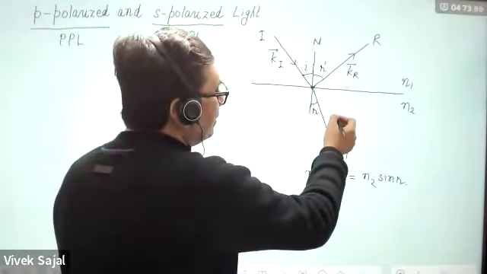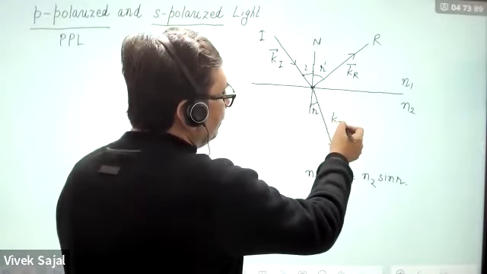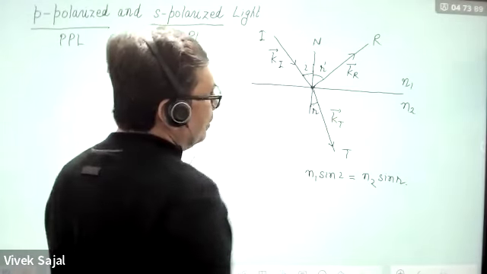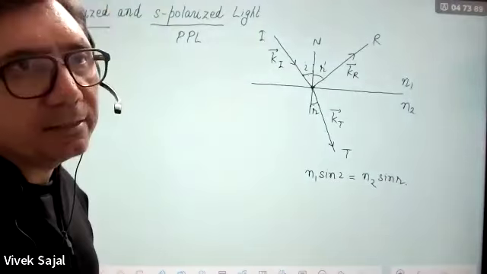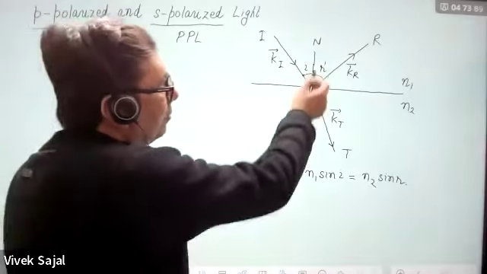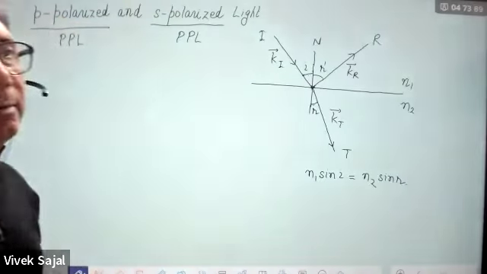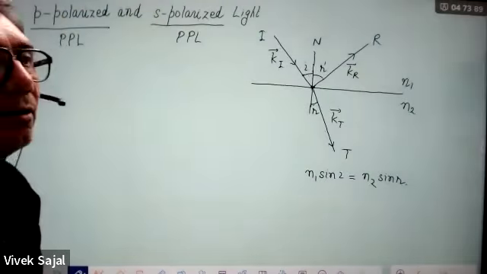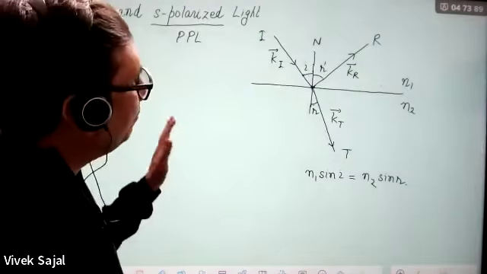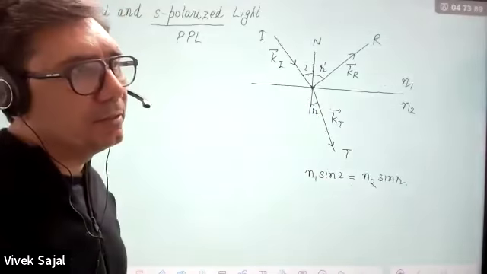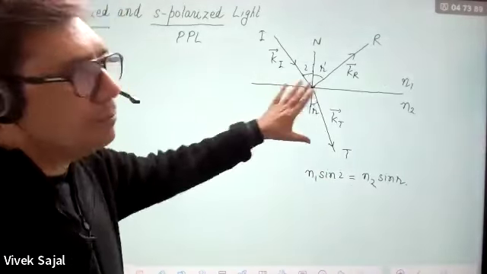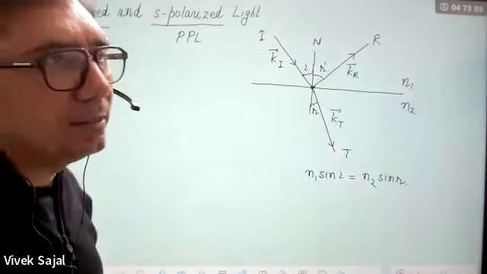And the k vector of the refracted or transmitted light, all the three k vectors and this normal will all lie in the same plane, and that plane is called the plane of incidence.